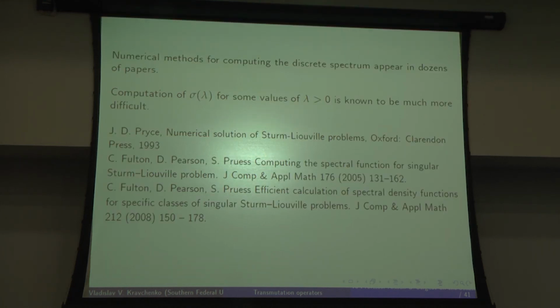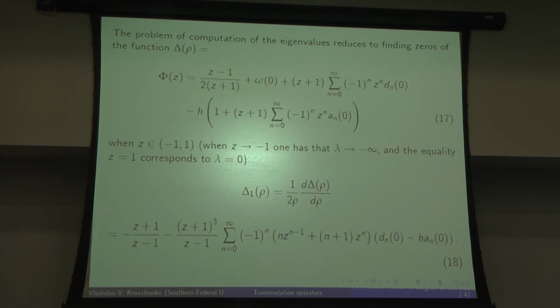I mentioned here just the publications where some attempts at the computation of this spectral density function are made, and in fact the difficulties are clearly seen here. So the problem of computation of the eigenvalues in our notation, in terms of this parameter z, reduces to finding zeros of this function delta(rho), which in terms of z has such a form.